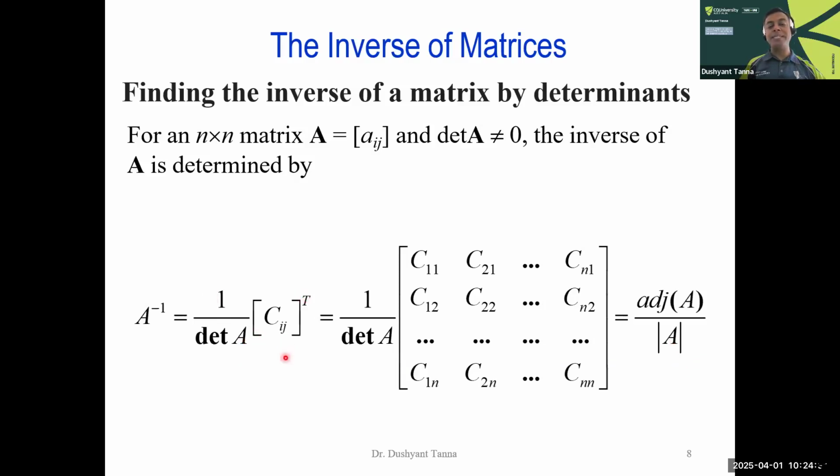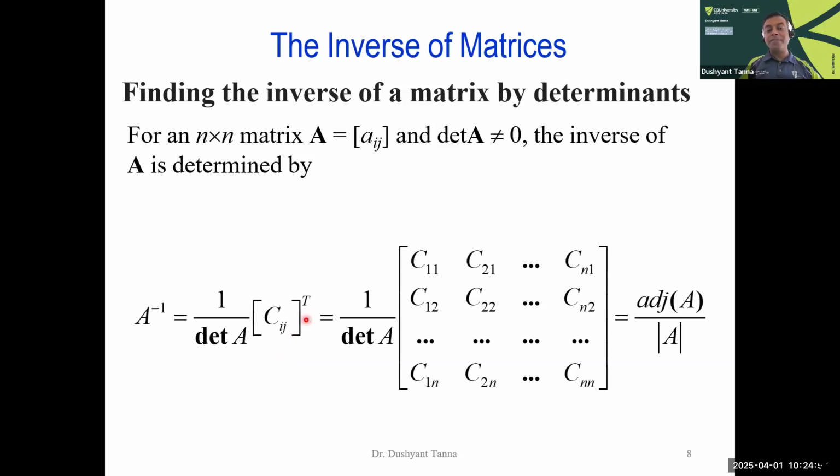Times C_ij transpose. What is C_ij? C_ij is a matrix of the cofactors. Observe it is a capital C. That's what I said a while ago. In the multiplication A times B, we use a small c11, indicating the first row is multiplied with the first column of B. Over here, we are using capital C, which we used last week for cofactors, right?